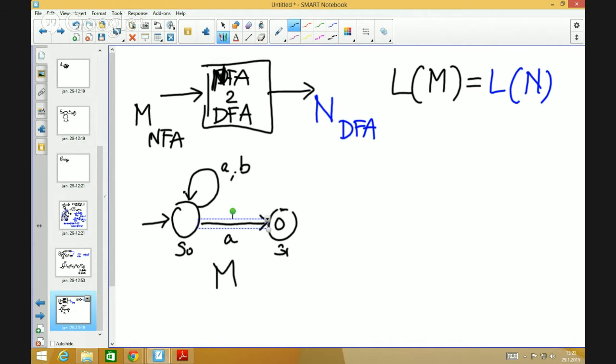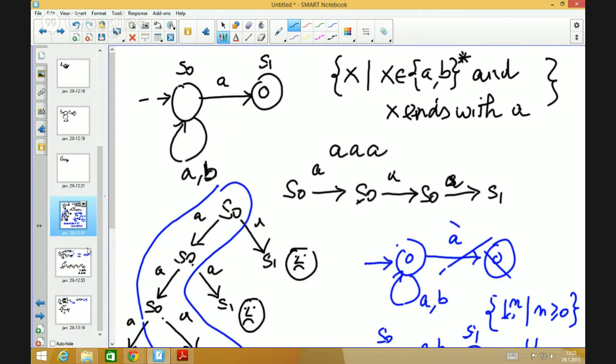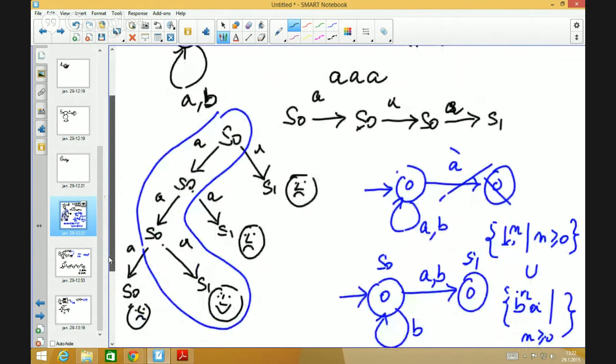Well, remember, when I showed you the behavior of this automaton on an input string, I drew a tree of possibilities.